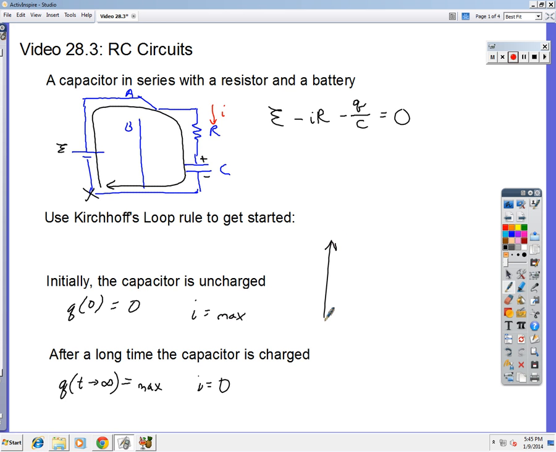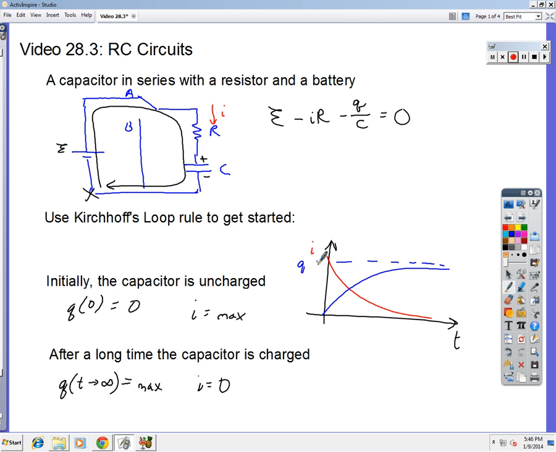If we graph current versus time, it'll look like that, and if we graph charge versus time, it'll look like that, approaching an asymptotic value. That's just based on the qualitative.